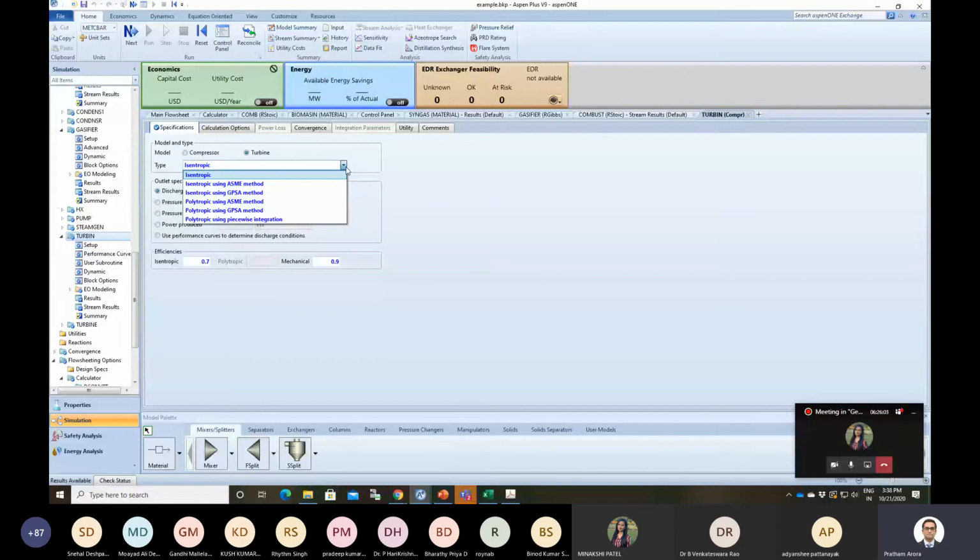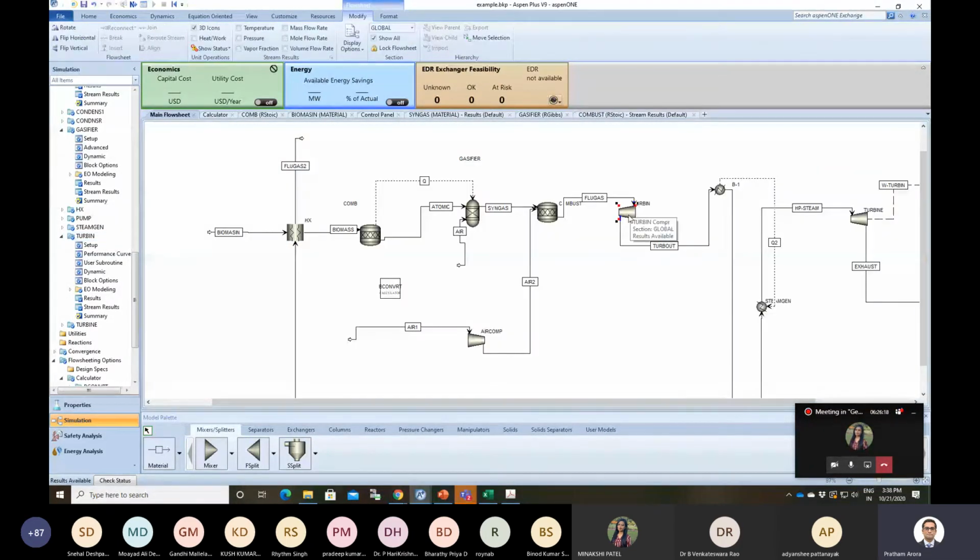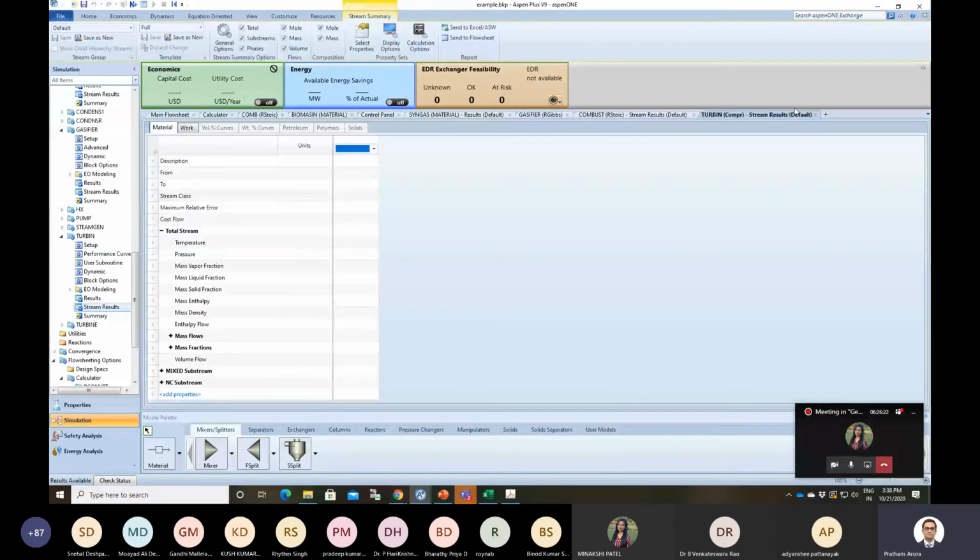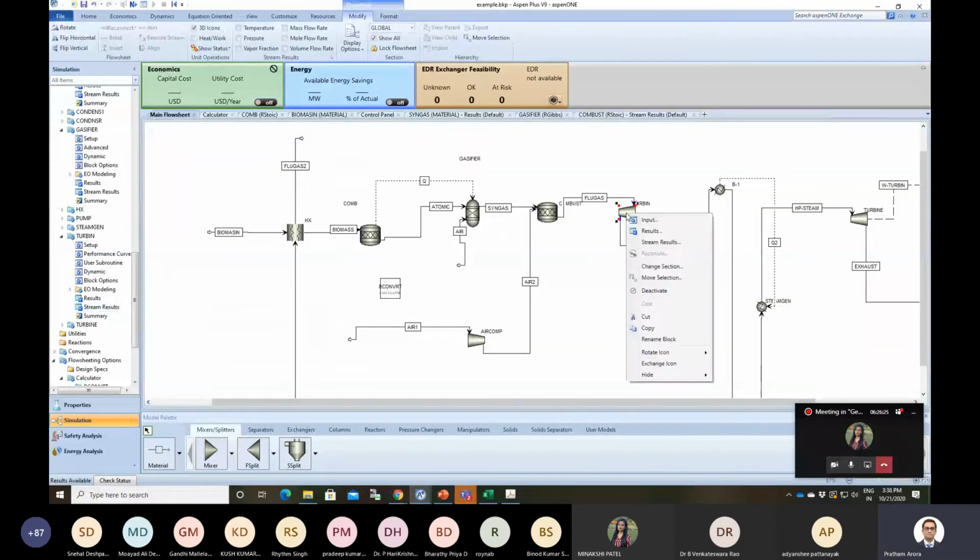I have different options. I can select the turbine based on different methodology, which could be ASME, GPSA, or piecewise integration. So if anyone wants to explore that, that is also available. And what this is going to give me is the energy being produced.